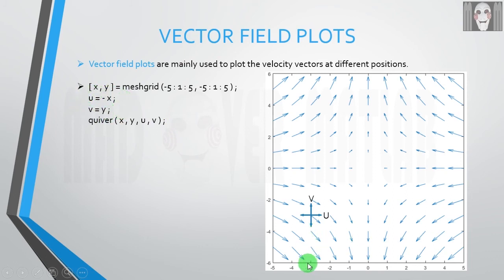So as your x is -3, your u will be minus into -3, that is +3, and your v will be -3. So your u and v are 3 and -3 respectively, which means that your u is positive and your v is negative. That's why you have got this vector in the fourth quadrant. Similarly, you can get the u and v components of any other vector in this field plot.